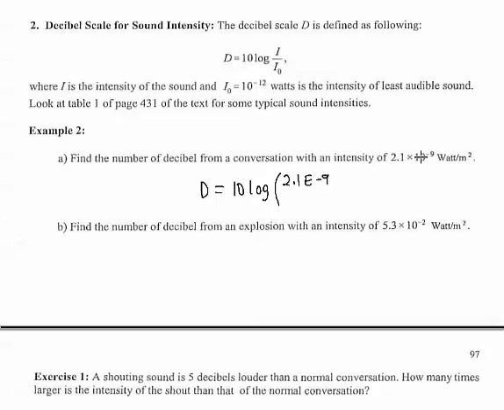E is in place of times 10 and the exponent negative 9. You could say that e stands for the exponent of the 10. And then I naught, which is 10 to the negative 12. Or if you wrote that in the same format using the e symbol, you could write 1 e to the negative 12.